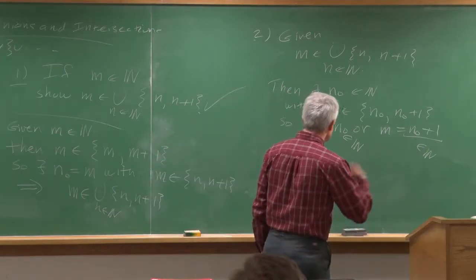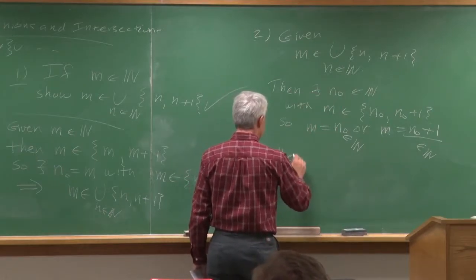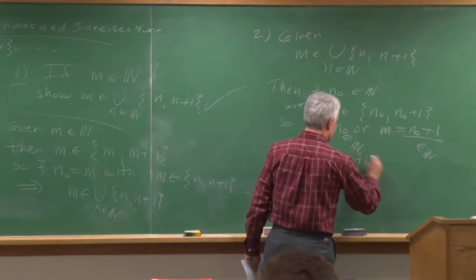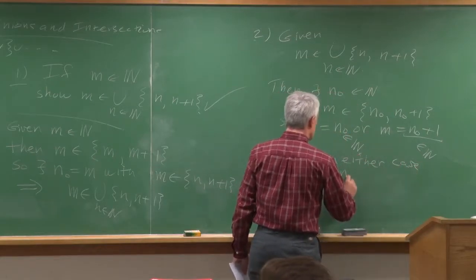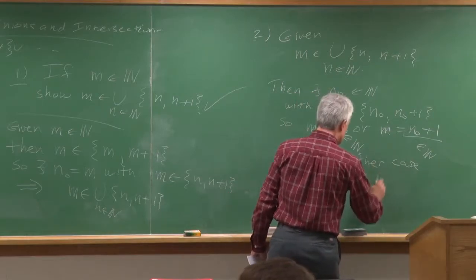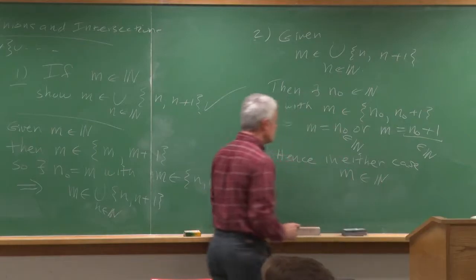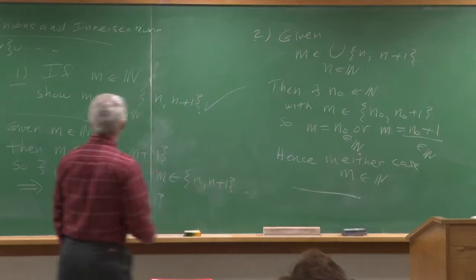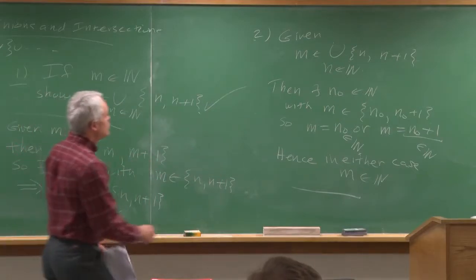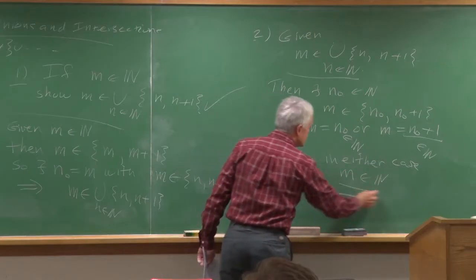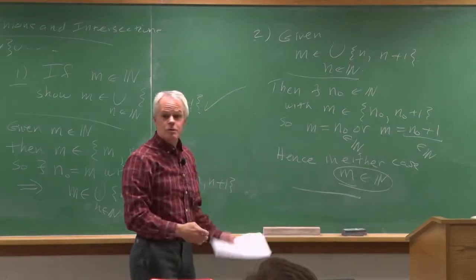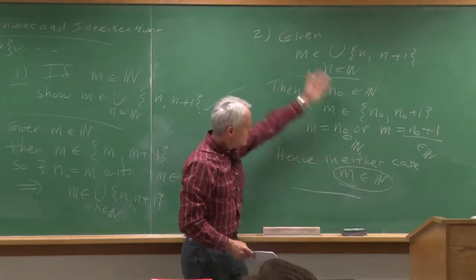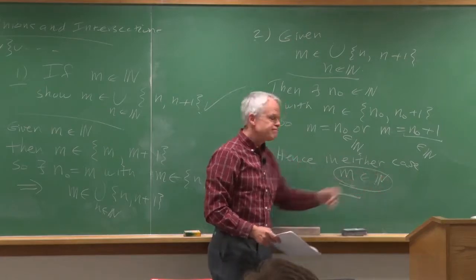Okay. So in either case, in any case, the M was one of these numbers that's in here. All right, and that's what we wanted, right? If it was in here, we showed that it was in here. And we can say then, since the M was an arbitrary element of this, every element in here has to be an element in this set, right?